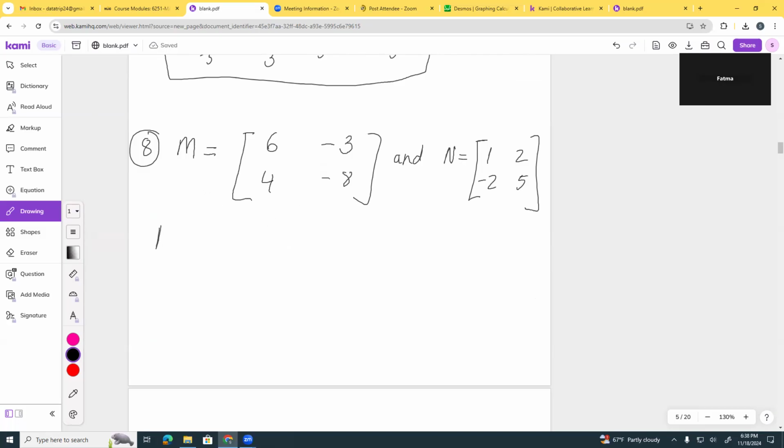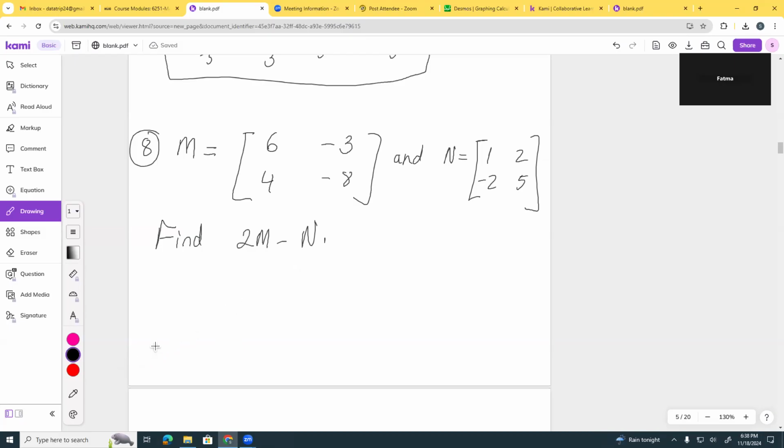Question is, find 2m minus n. So we have 2 different matrices, matrix M and matrix N. They want us to find 2m minus n. It's a very easy question. I hope everybody can answer this one.